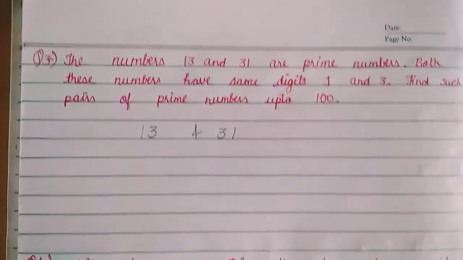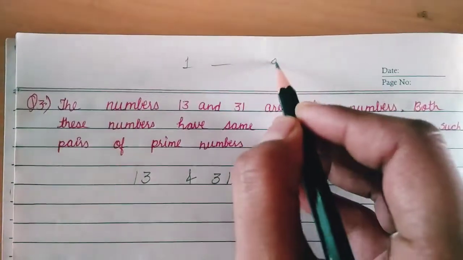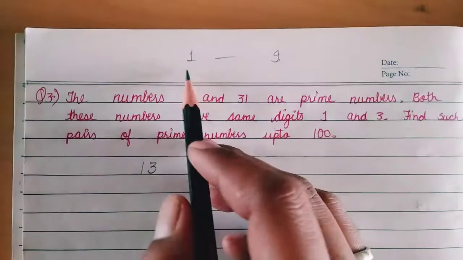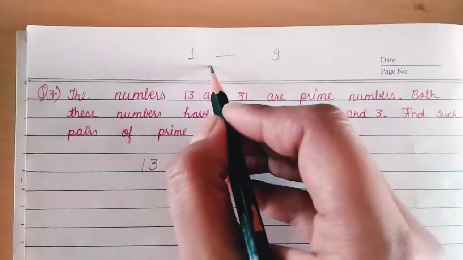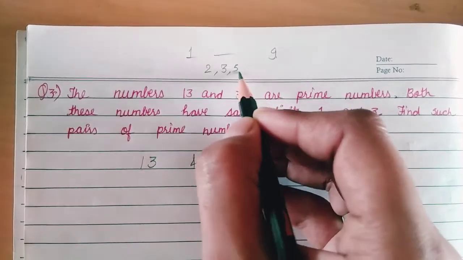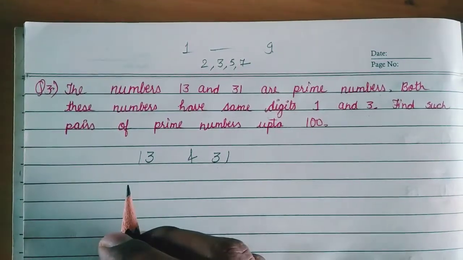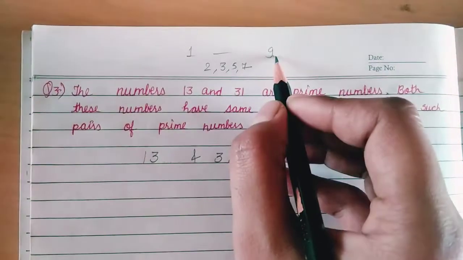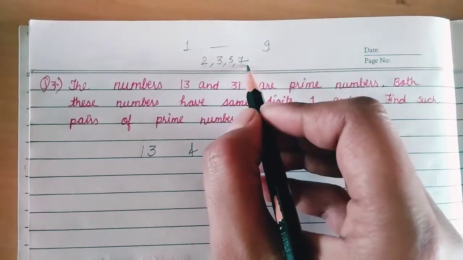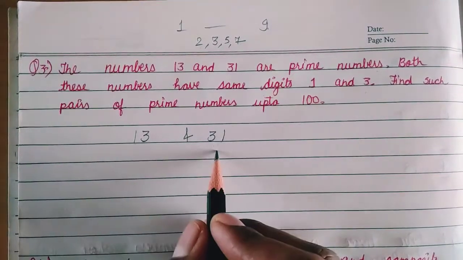Between 1 to 9 we have 4 prime numbers, which are 2, 3, 5 and 7. We can't take 1 to 9 because they have only one digit, but we need 2-digit numbers.